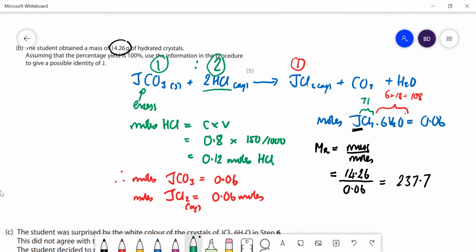So that means the AR of J is going to be equal to this, 237.7 minus 71 for the chlorines, minus 108 for the water, and that gives us a value of 58.7.